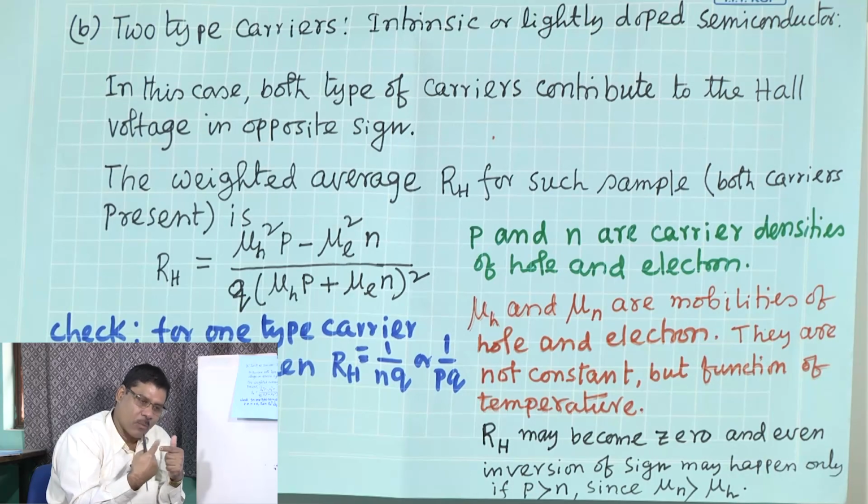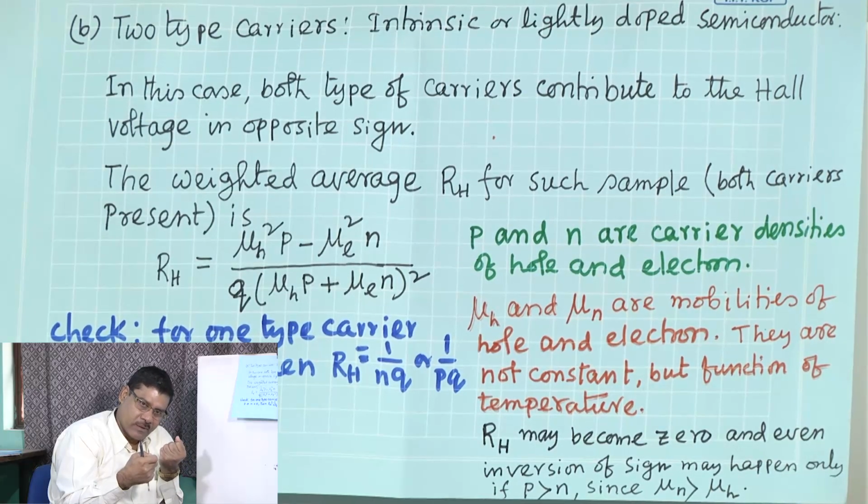And the contribution in Hall voltage from electron and from hole are not the same. There will be weightage in the contribution of hole and electron.